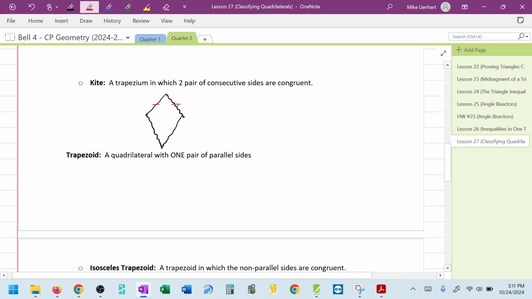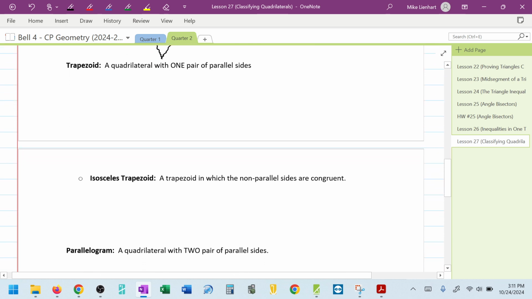We're going to know two sides are congruent to each other that are right next to each other. That's what it means by consecutive sides. And another pair of two sides are congruent to each other. All right, so a kite is a trapezium or quadrilateral in which two pair of consecutive sides are congruent. If you see this, this is called a kite.